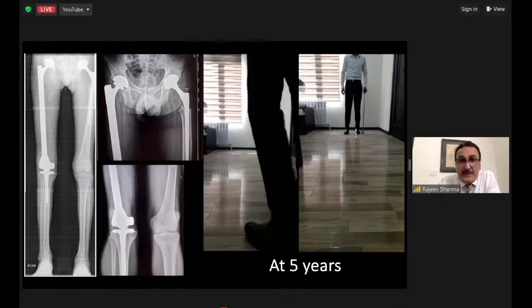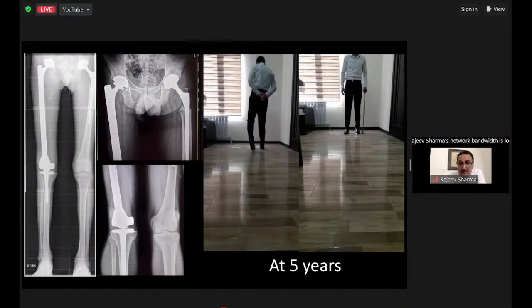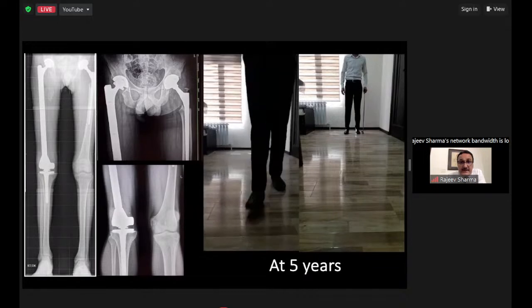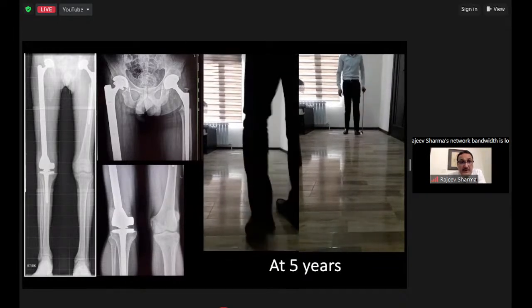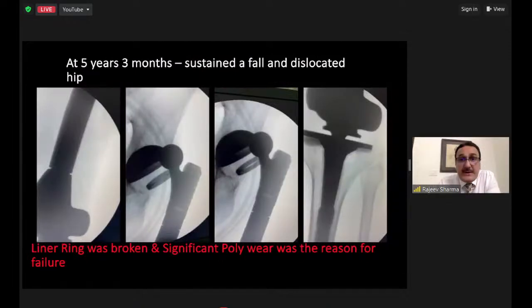He was able to walk without any support, with a mild amount of limp, which was expected. But the story doesn't end there, because at 5 years and 3 months, the patient had a fall and he dislocated his hip.